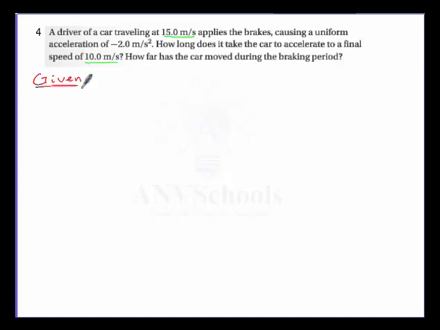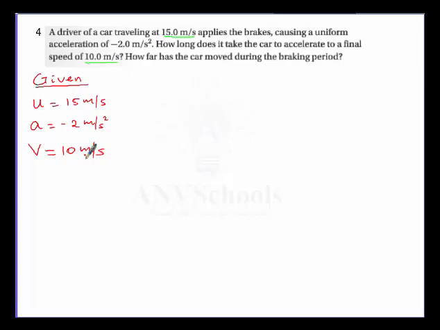The car was initially traveling at a speed of 15 meters per second. Now the car is decelerating at the rate of 2 meters per second square. The negative sign tells us the car is slowing down, and it reaches a final velocity of 10 meters per second.